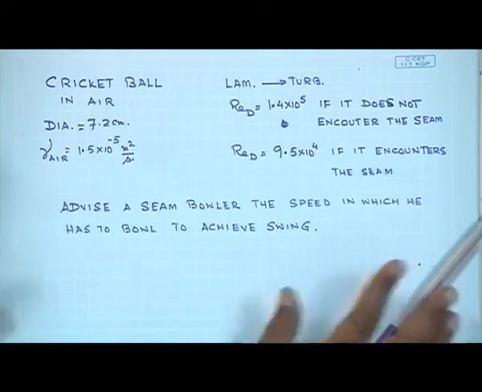Okay. So, that is essentially the problem. What is the velocity with which I am going to release the ball and make it move in air, either away from the batsman or towards the batsman?